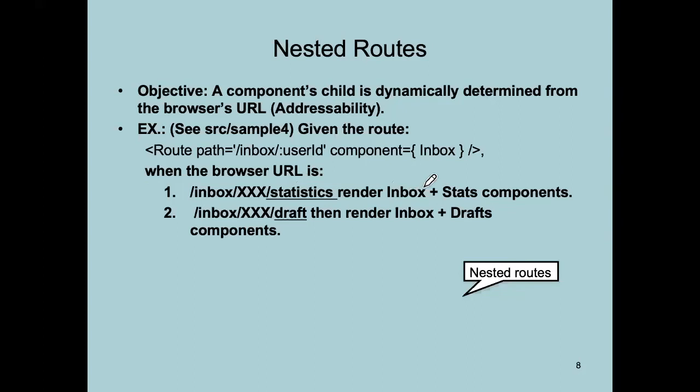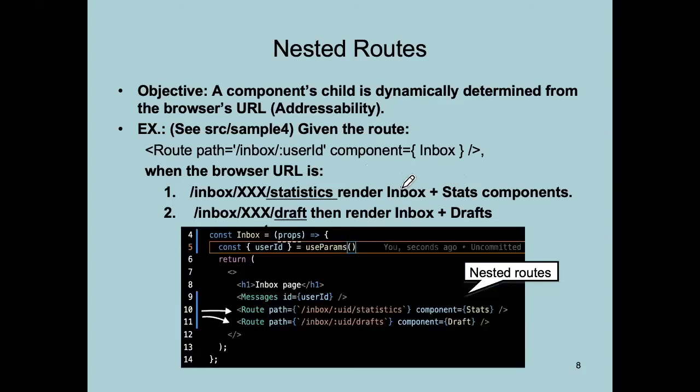So where do I express this additional nested routing logic, nested within the whole inbox section, if you like? I would put the routing logic actually inside the inbox component itself. As in what we see here. So here's my inbox component.